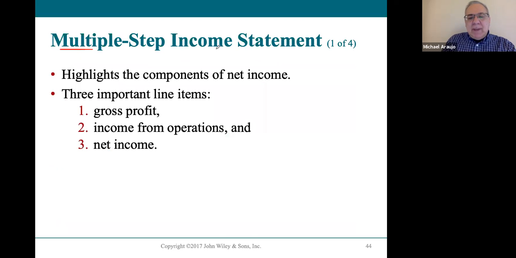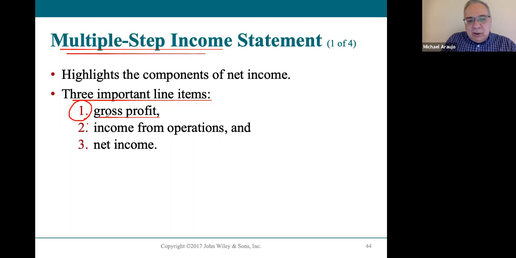So the multi-step income statement breaks this down even more precisely. First of all, what you'll notice is the first thing it breaks out is that gross profit. And remember, you need to know sales revenue minus cost of goods sold will give you your gross profit. So that's really critical. And the multi-step income statement provides that as an obvious answer.